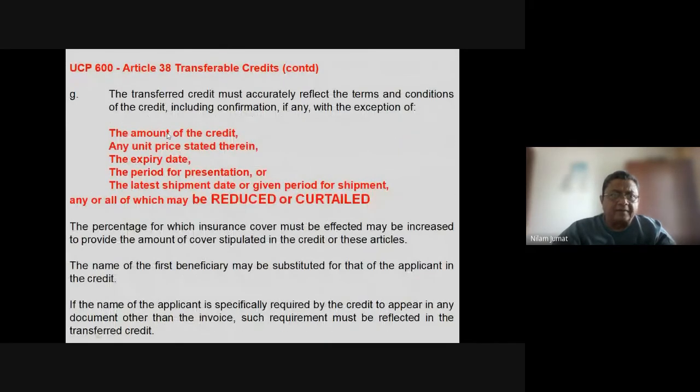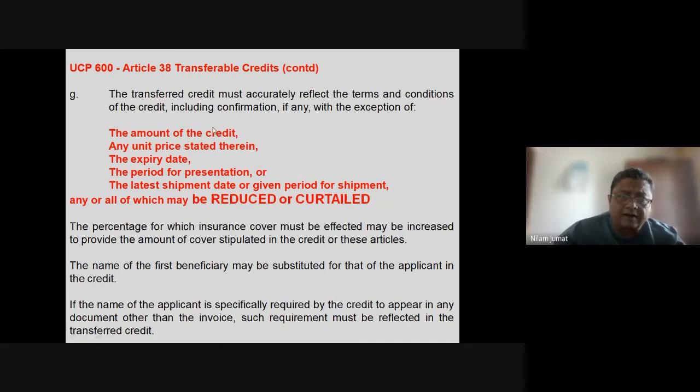In that, the transfer must be made as per the original terms. When you're transferring to Ching, Banda can't change everything. There are only certain items of the original LC that Ali sent that the transferring bank can change. That is the amount of the credit and the unit price.